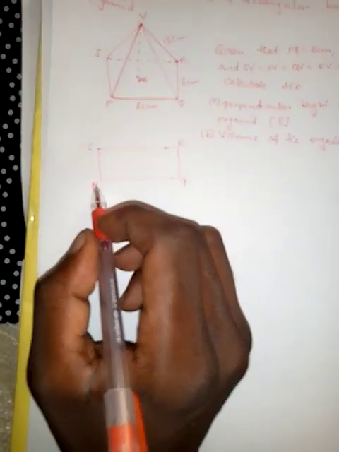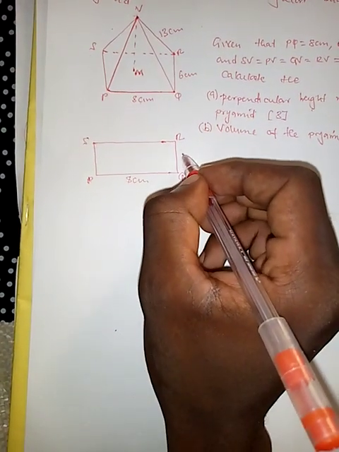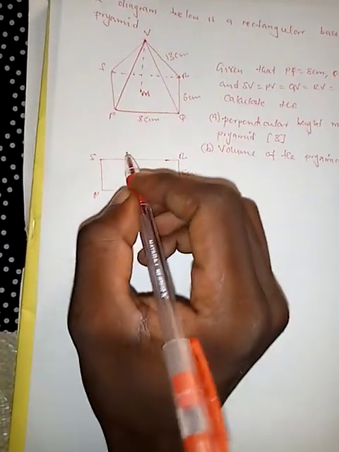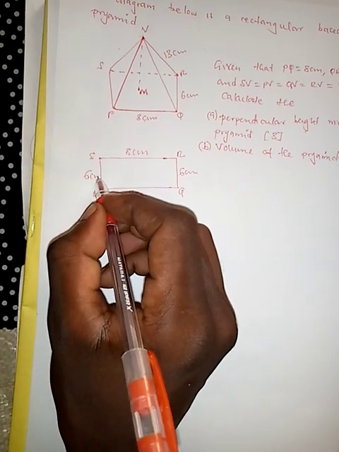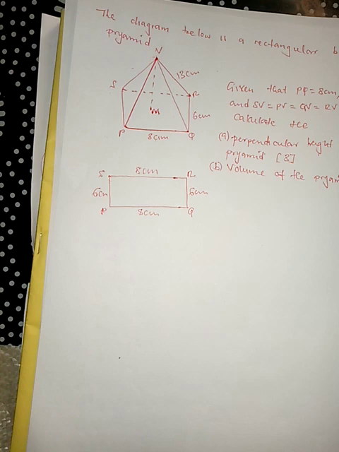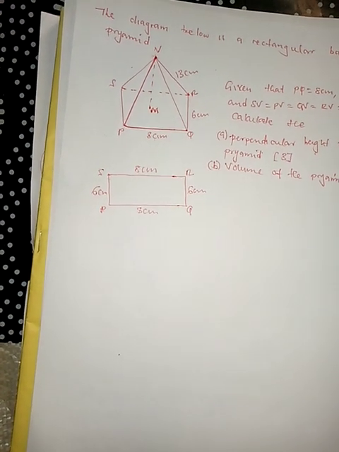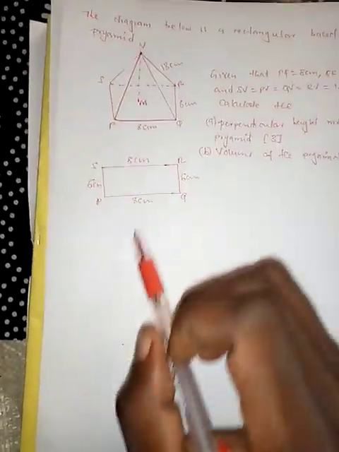From P to Q is 8 centimeter, from Q to R is 6 centimeter. Since it is a rectangular pyramid, even that side there is 8 centimeter, and this side here is 6 centimeter. So now from here you can proceed.